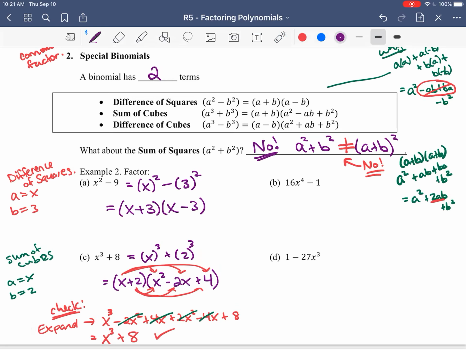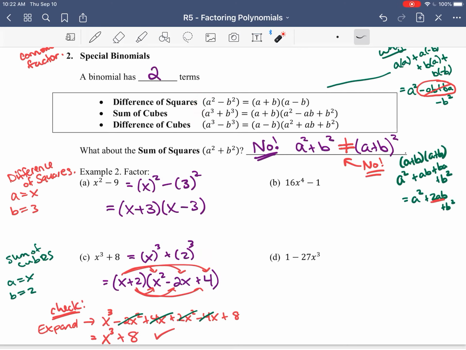So let's look at examples B and D. If we start with B, this is hard to factor. It's a 4th power, so that's kind of scary. There's no common factors, so there's nothing we can pull out. So I want to try and turn it into one of these forms.